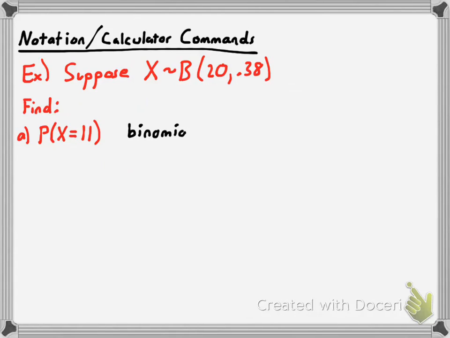Now let me write that out for you. Binomial PDF. I'm going to tell you what that represents, and the way of inputting something into that function on your calculator. Now the PDF stands for Probability Distribution Function.